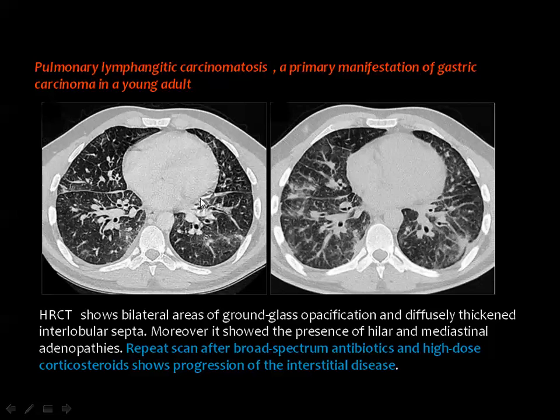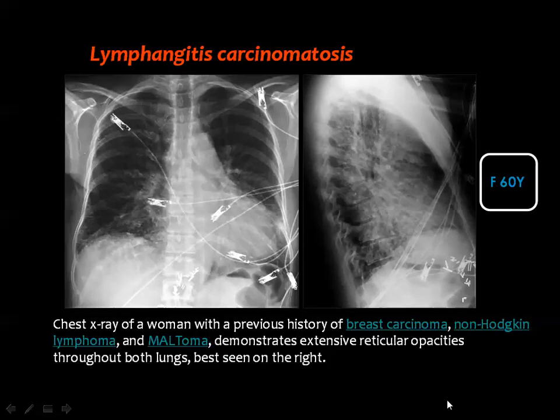This patient was suspected to have a form of pneumonia, and he received broad spectrum antibiotics and high dose corticosteroids. The follow-up scan showed progression of the disease with development of new opacities and micronodularity throughout the lung field, and the diagnosis is lymphangitis carcinomatosa.